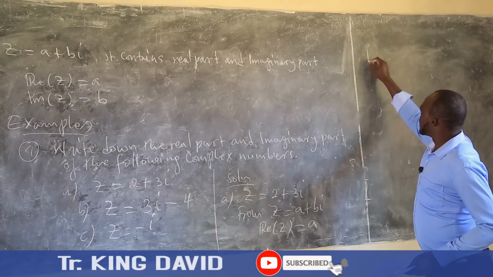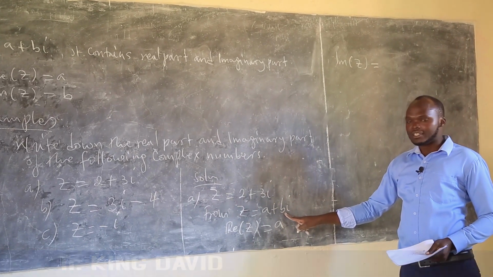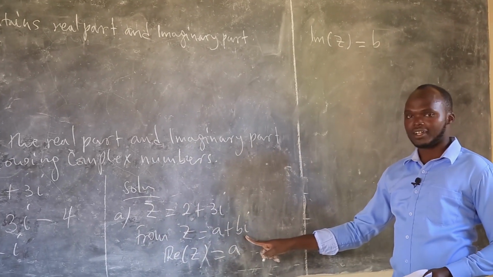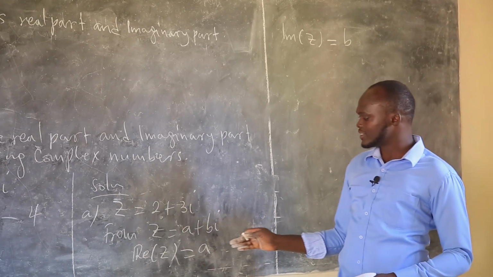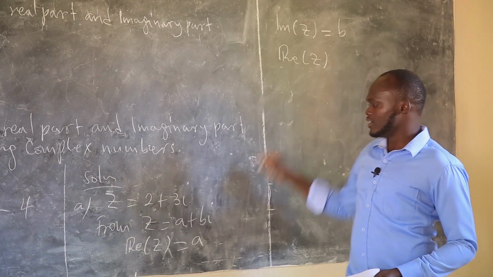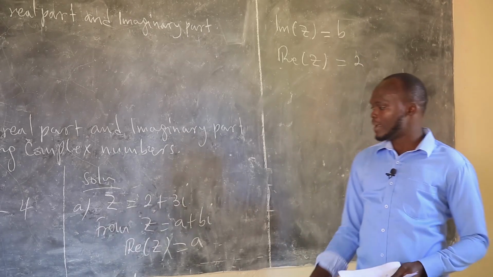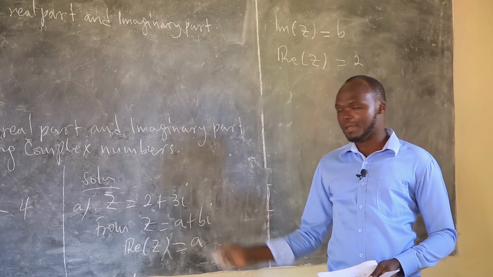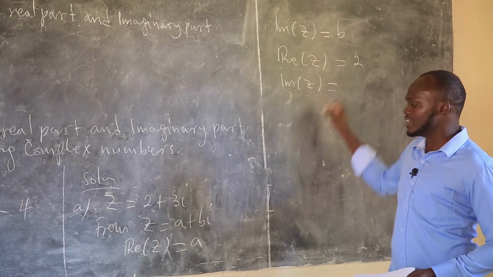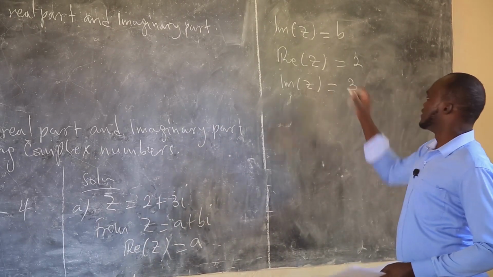The imaginary part of z is the part that contains i, which is b, the coefficient of i. So now the real part of this z will be 2. What will be the imaginary part of that z? The imaginary part of z is 3, the coefficient of i. So that's the answer.